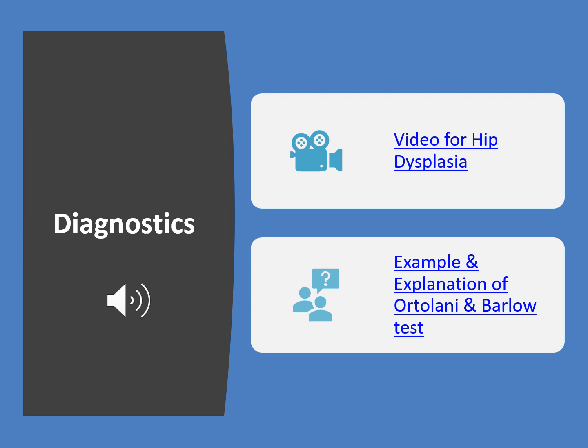So diagnostics for DDH: we primarily use what's called the Ortolani and Barlow's test. So for your blanks, Ortolani and Barlow's test. Our current guidelines recommend that a physical exam screening is done for all infants up to 6 to 12 months of age during their primary care visits via the hip assessment, with continual screening of those with risk factors until walking age.